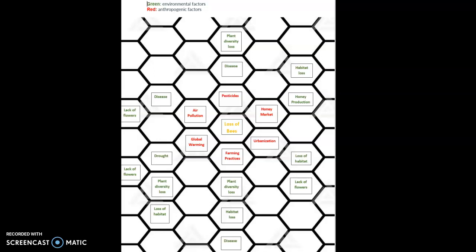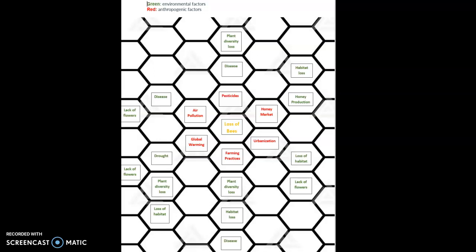Farming practices are plant diversity loss, habitat loss, and disease. Global warming is causing drought, plant diversity loss, habitat loss, and lack of flowers. Air pollution is causing disease and lack of flowers. Pesticides is causing disease and plant diversity loss.